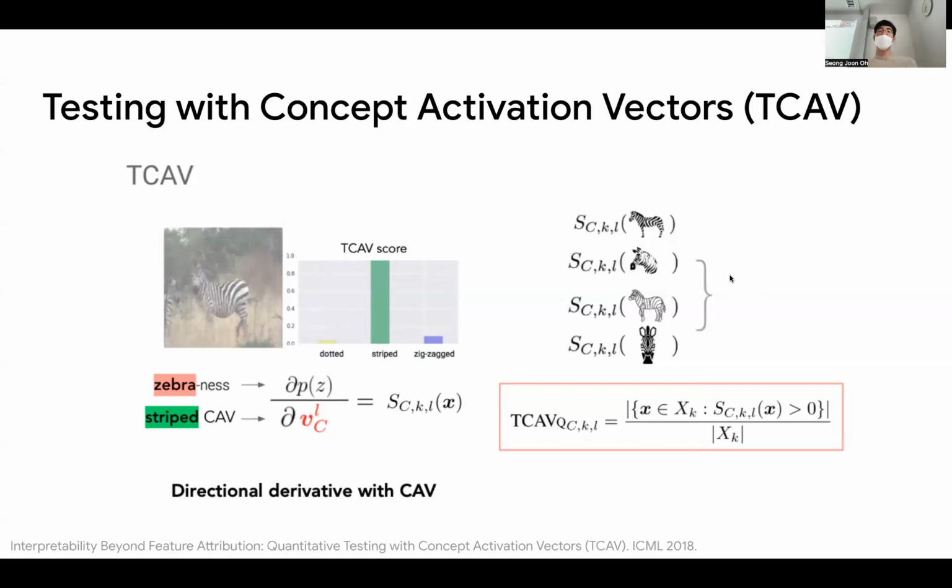And then that's going to tell us whether the striped concept was important for the prediction of zebra. So in a sense, you can turn this instance-specific analysis of whether stripedness is important for the prediction into a more global one, by saying that for the zebra class in general, this stripe is very important.